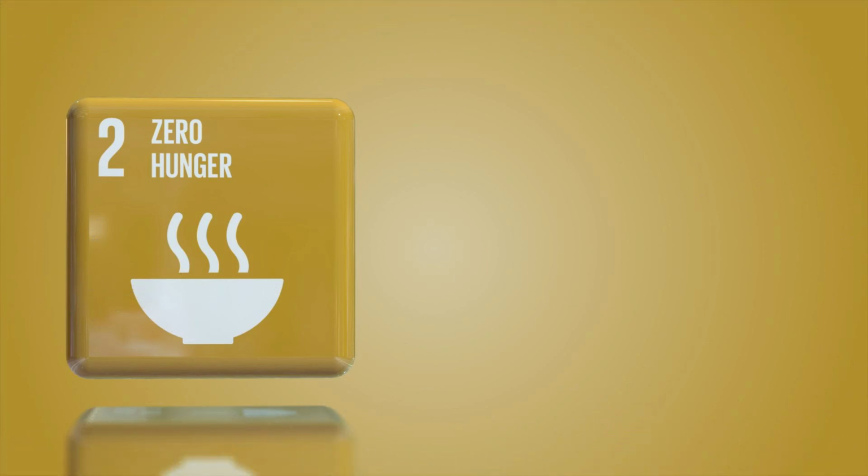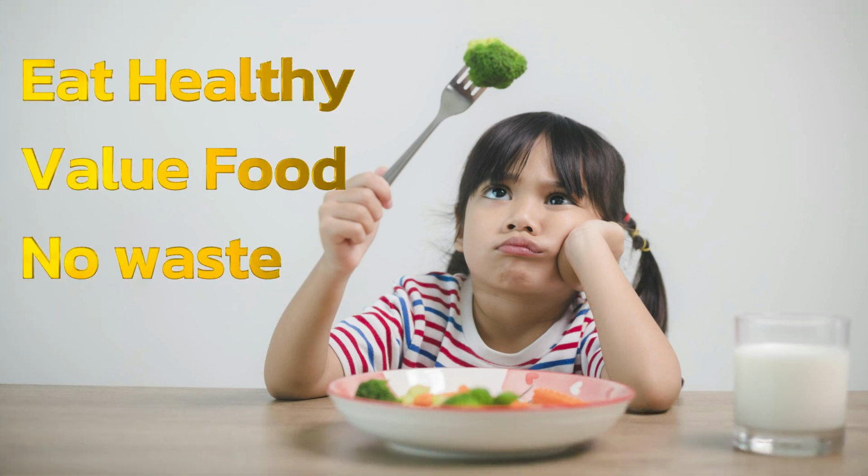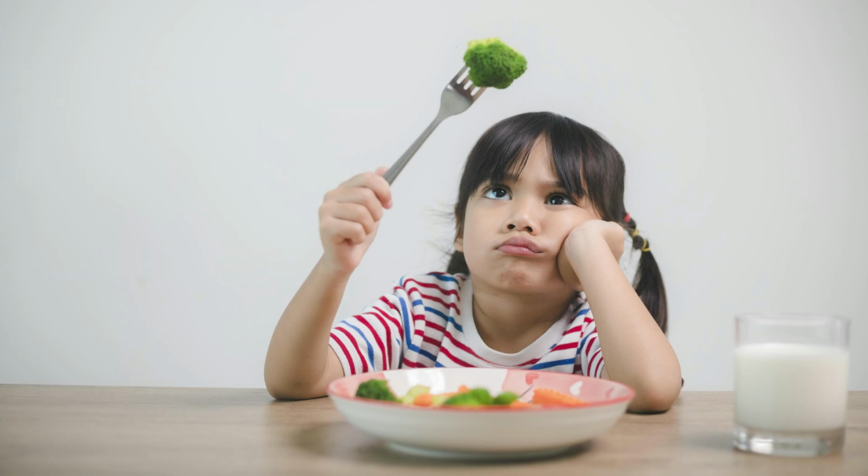Let's move on to the second SDG goal, which is zero hunger. This means that everybody should have something to eat, and that should be healthy. In order to share this message with children, we can do an activity where we teach them about healthy food habits, the value of food, the need of not wasting food, and to choose good food over junk.